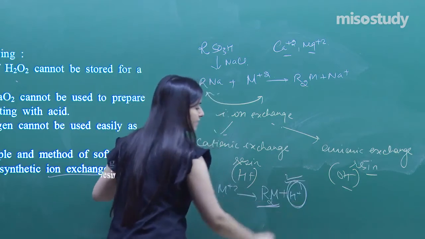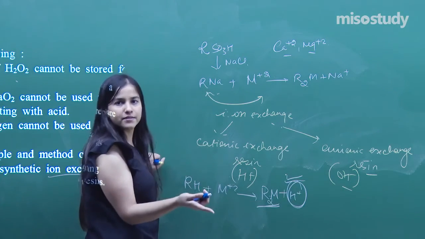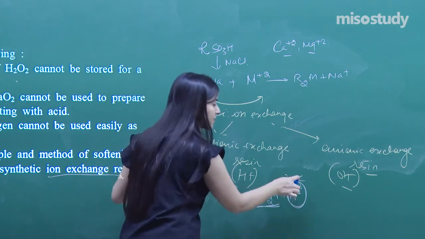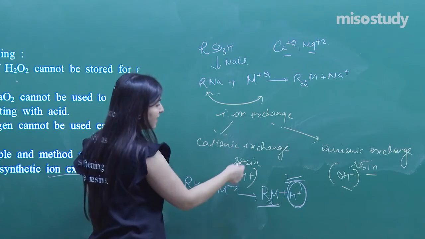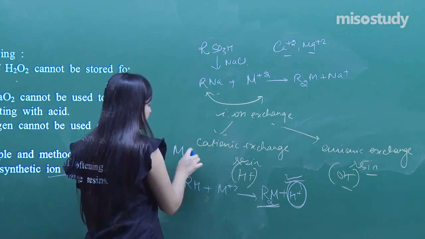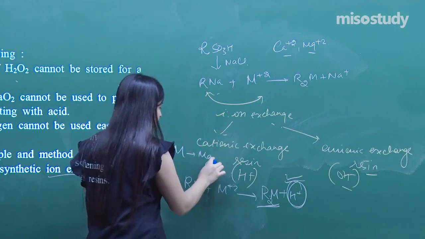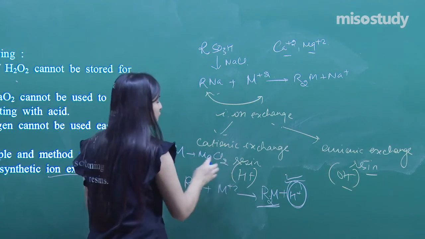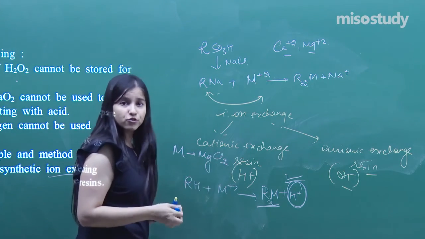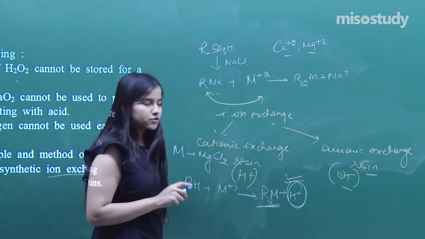But what we get is the water turning acidic. Now let us assume that this M was Mg, and its counter ion will be Cl. There are Cl- ions also, and we have to remove those also. What happens?